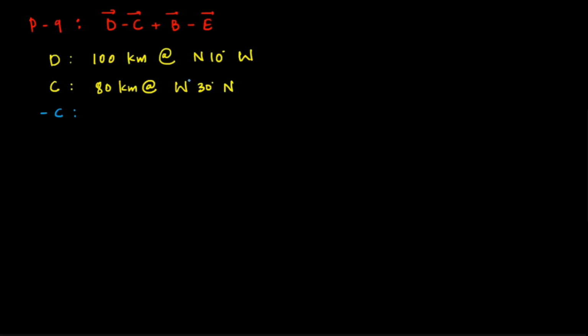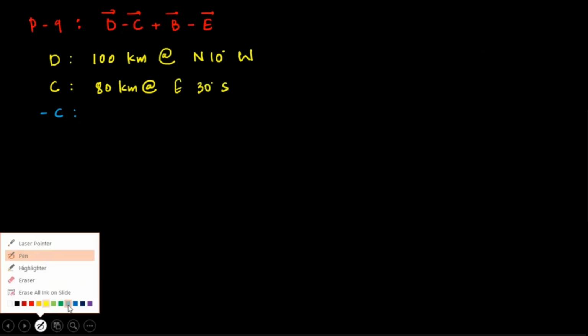Wait, I need a little change. C is wrong. It is the direction of negative C. So C is given as east 30 degrees at south.